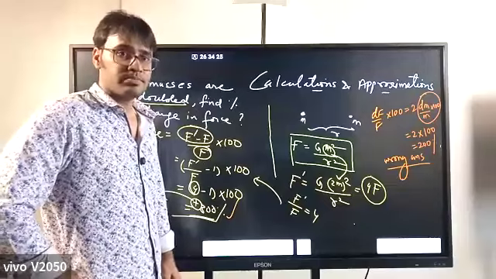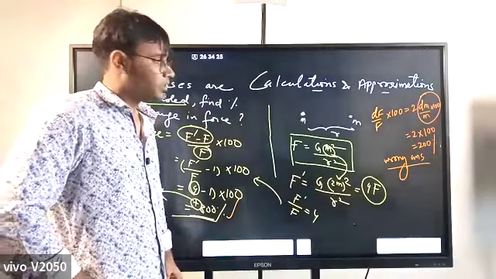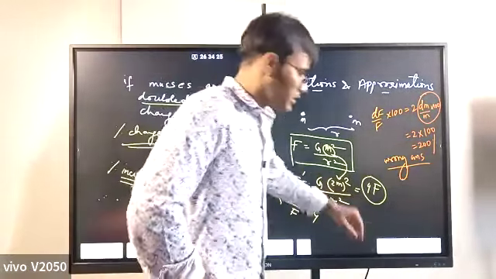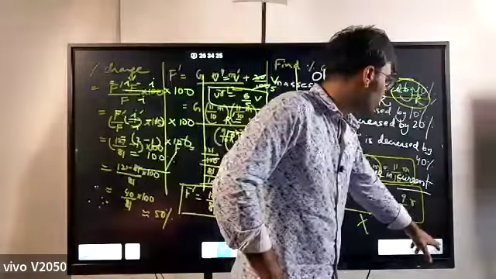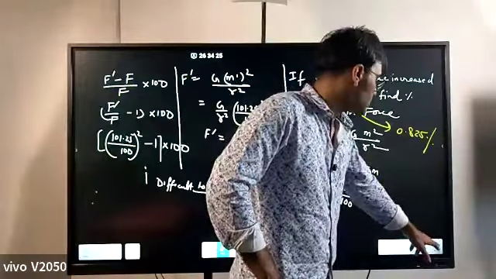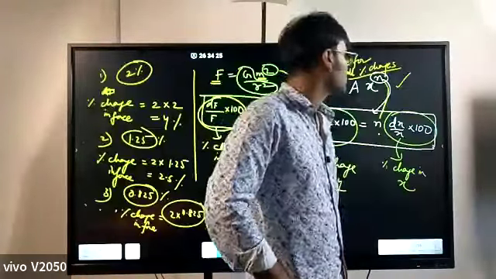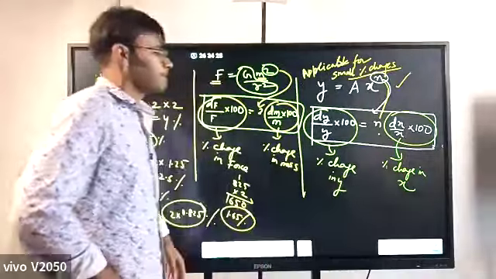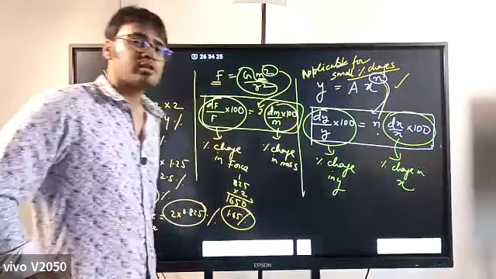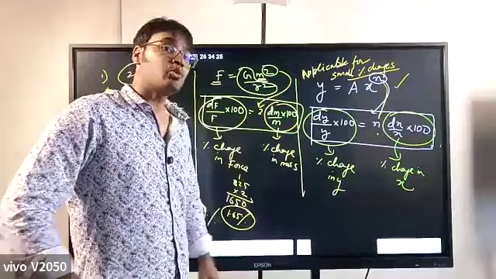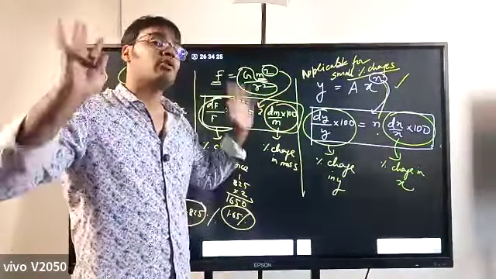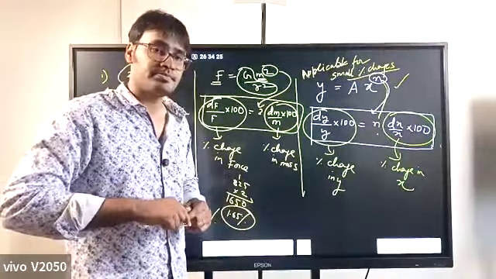That is not a small change, no? Getting my point? So we will use this only for small changes. That's why I wrote this over here, that this formula is applicable for small change. But now you can apply it anywhere. Any formula you take, you can apply it.